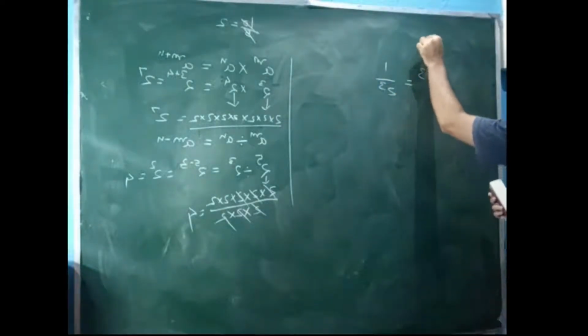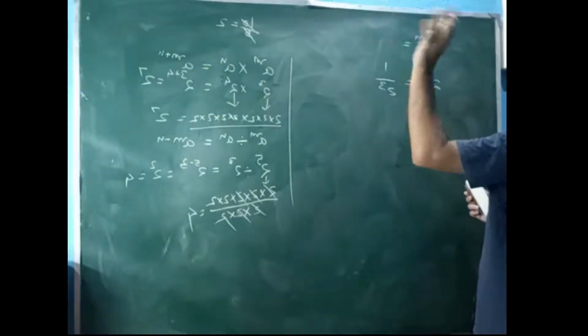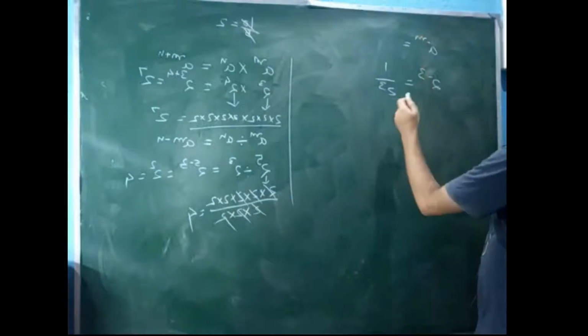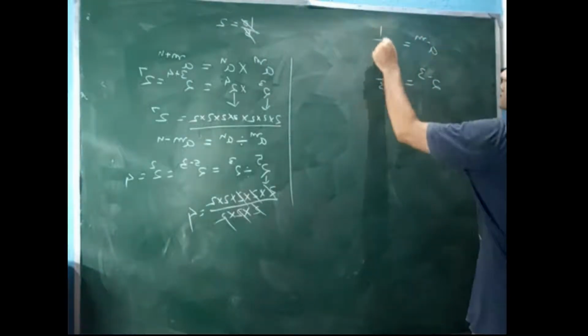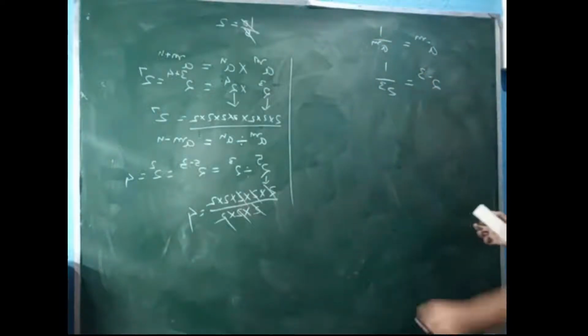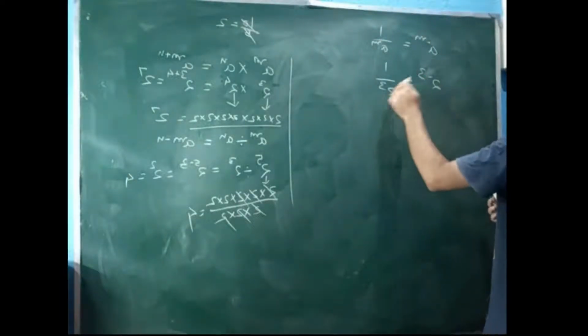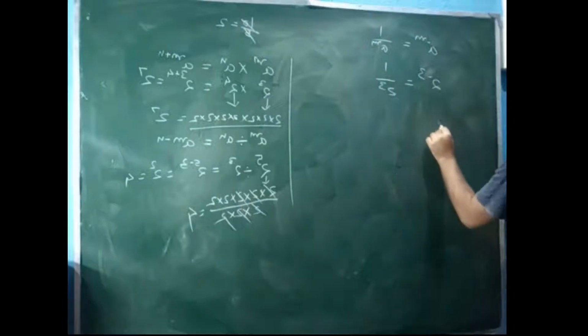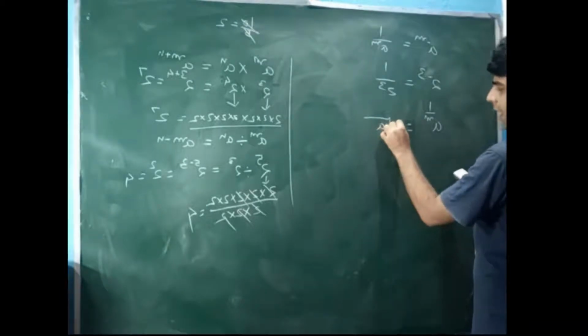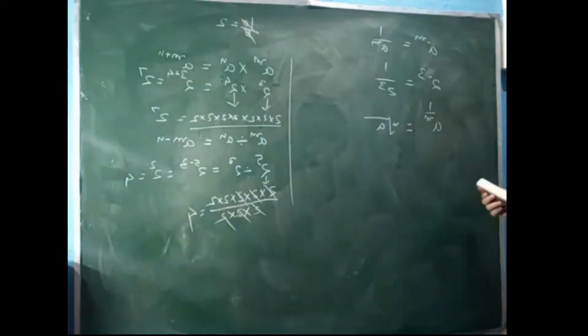So a to the power minus m is basically 1 by a to the power m. So 2 to the power minus 3 is basically 1 by 2 to the power 3. But what I have told earlier, a to the power 1 by m, is basically the m-th root of a.